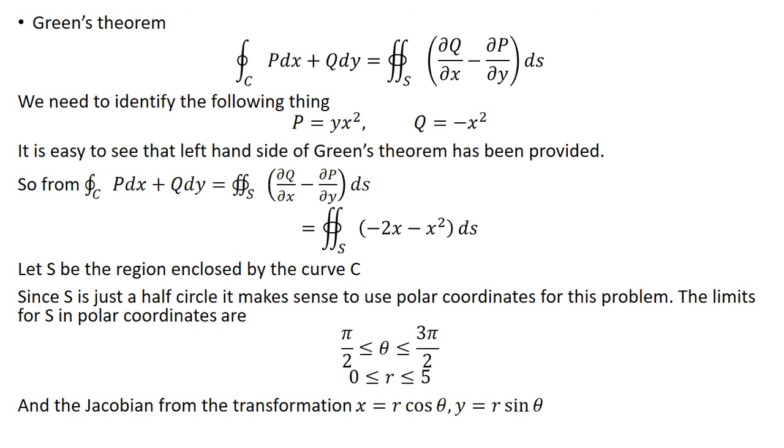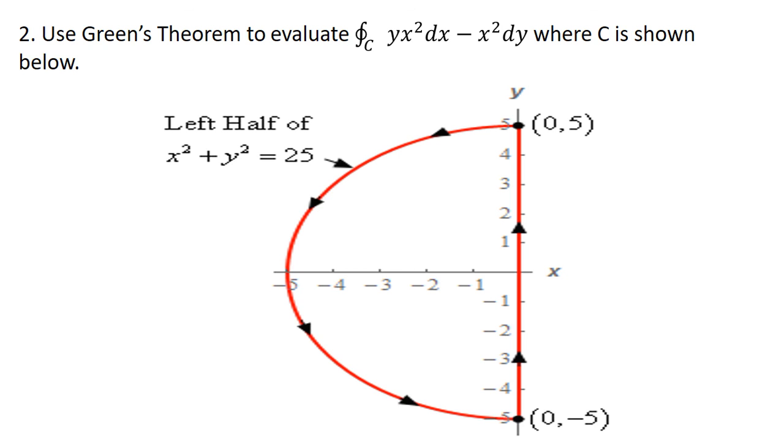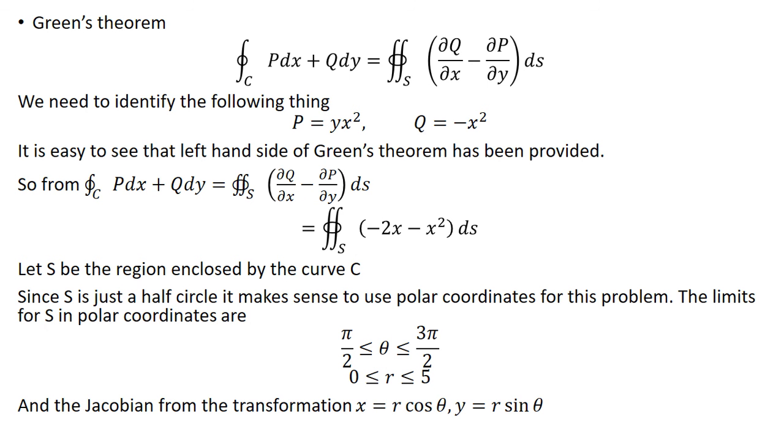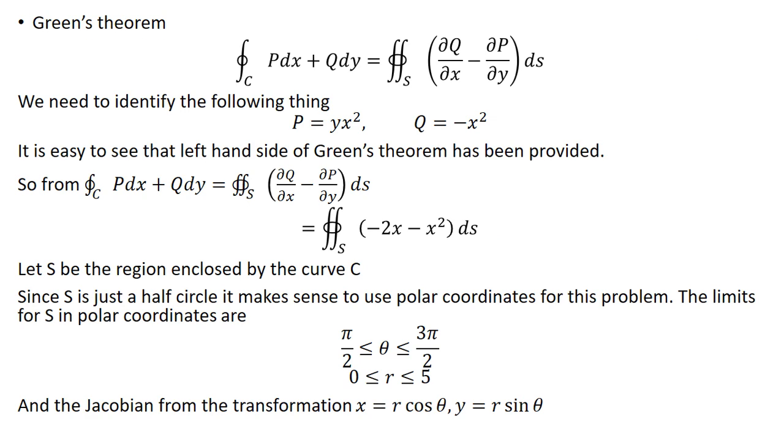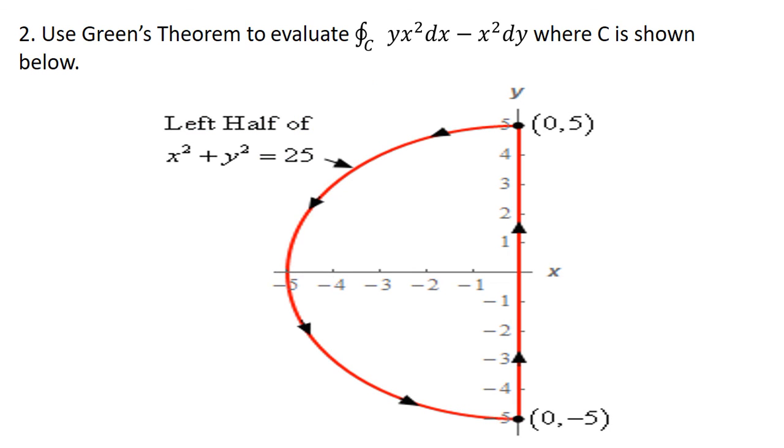So we will use x equal to r cos theta and y equal to r sin theta to change from the Cartesian coordinate plane to the polar coordinate plane. According to the diagram, theta will be running from pi by 2 to 3 pi by 2, and r is the radius of the circle, varying from 0 to 5 to cover all the surface enclosed by the red boundary.